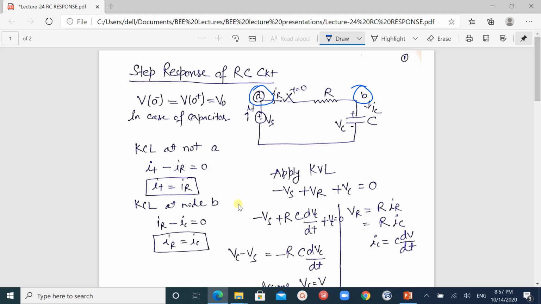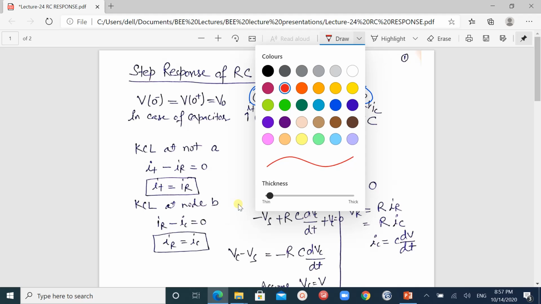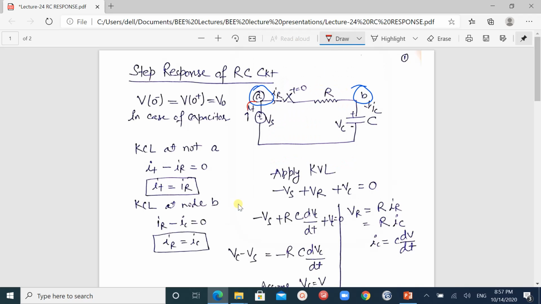We are having the current IT, and this is IR current. So one current is ingoing current and other current is outgoing current. So IT minus IR is equals to 0. This is the equation: IT is equals to IR. We are having one equation.